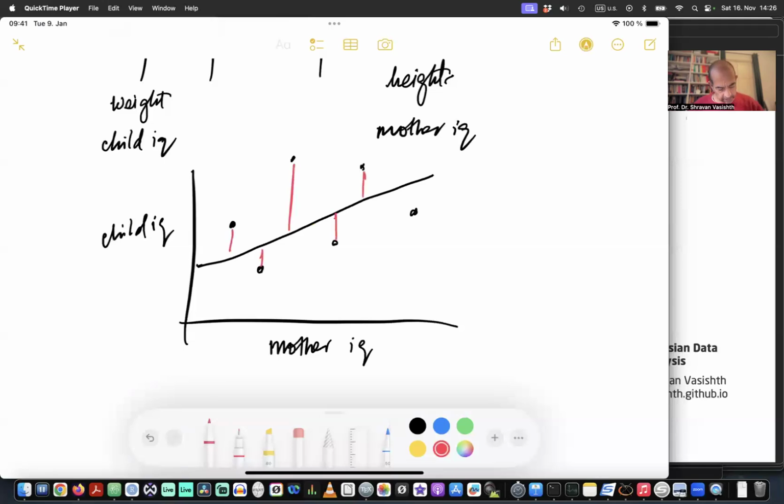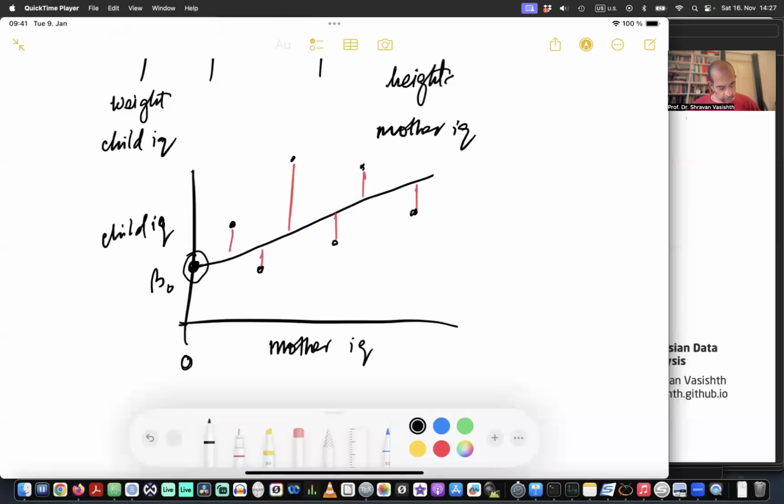There's a non-zero error here, right? And secondly, for the value 0 here, let's say if 0 is on the x-axis here, then the predicted IQ of the child is here. This would be the intercept, right? Technically, that would be the intercept. That's the beta sub 0.